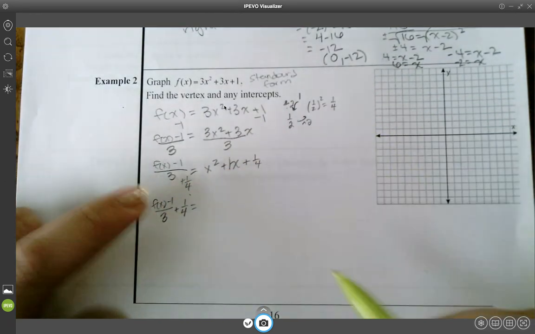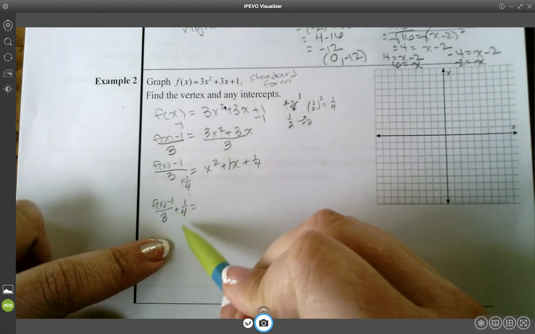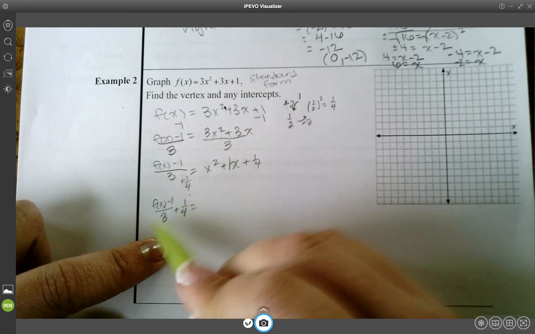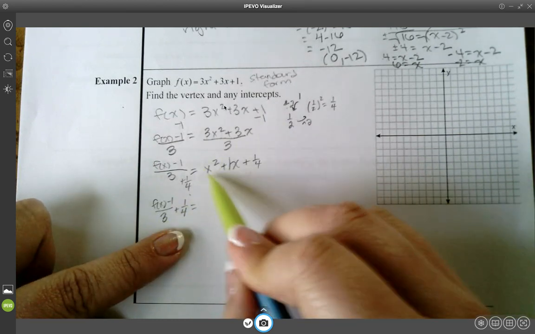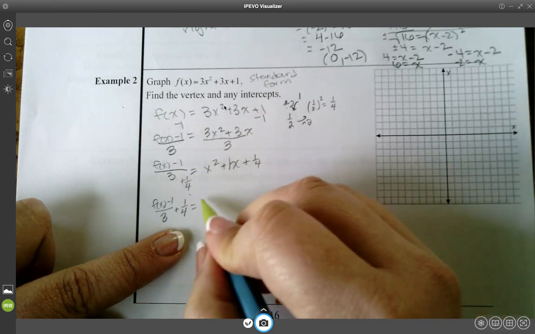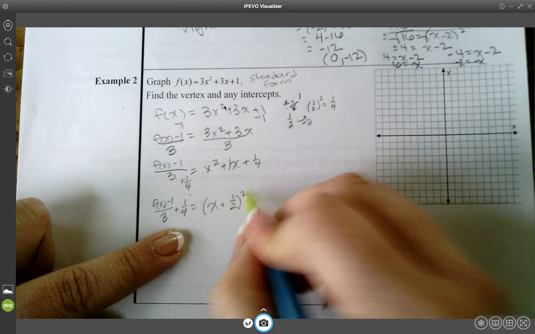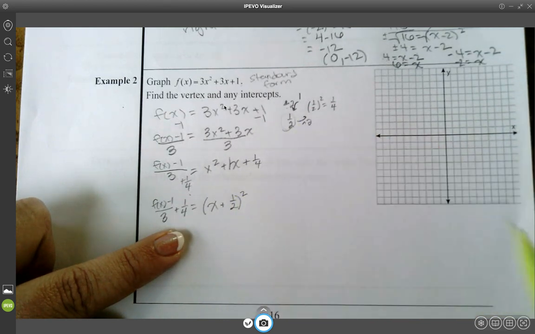So since I know I'm going to be isolating f of x later, we don't actually have to add these two. We can leave them separate. And then we'll take care of our right-hand side, which we want to factor into a perfect square. That is x plus 1/2 squared. Again, the 1/2 comes from our step of completing the square.